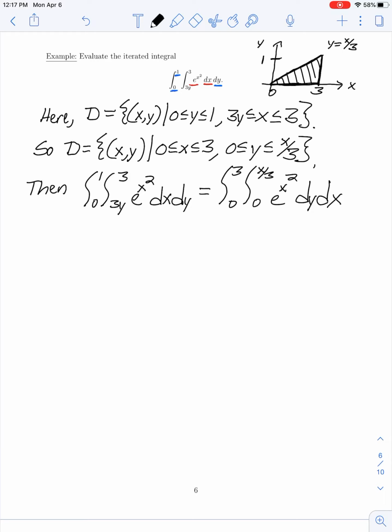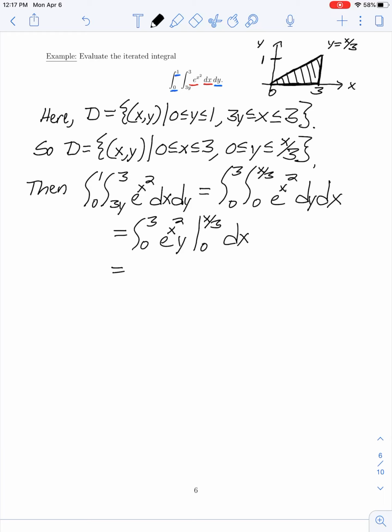So we first find an antiderivative of our function with respect to y. We have the integral from 0 to 3 of e to the x squared power times y, evaluating from y equals 0 to x over 3, and then integrating with respect to x.